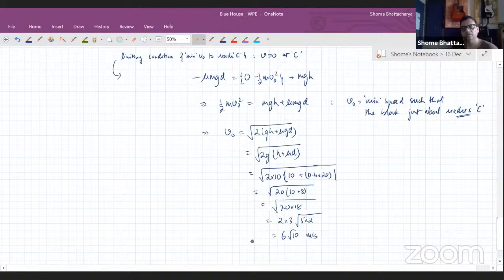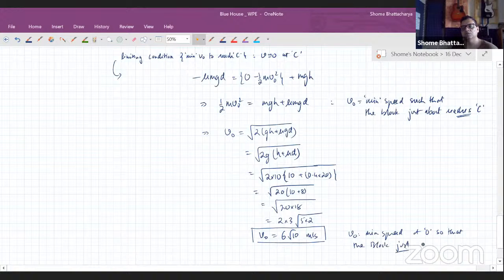So 6 root 10 meters per second. This is the minimum speed, just about reaches the point C.